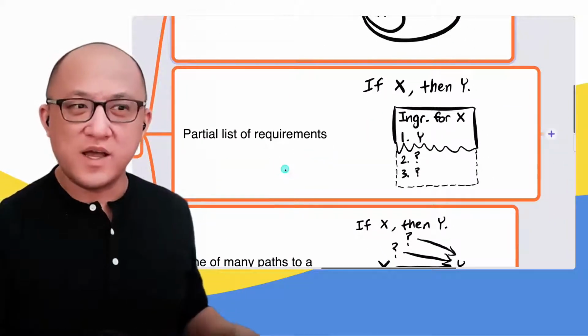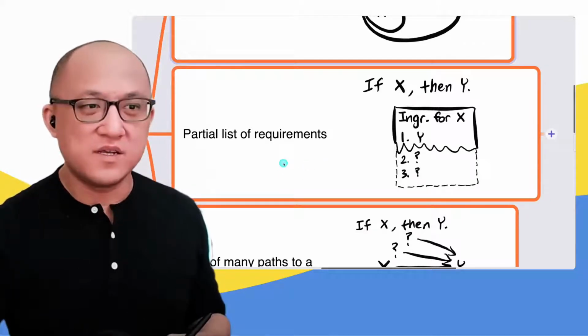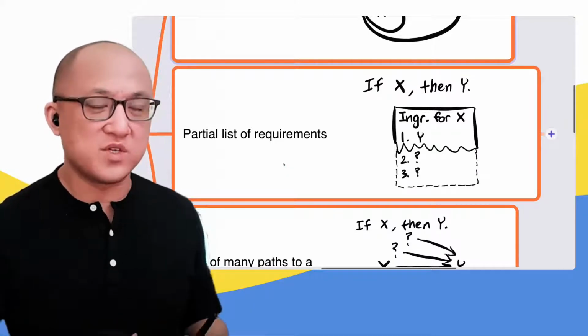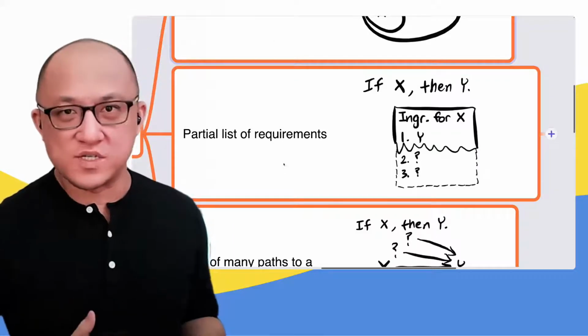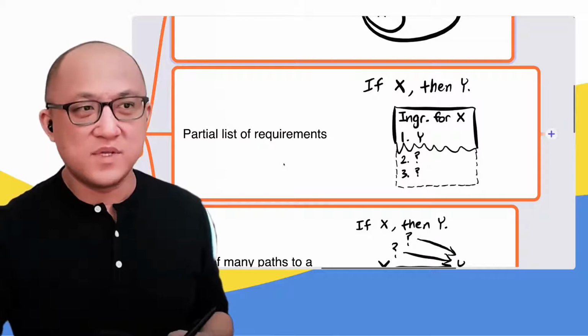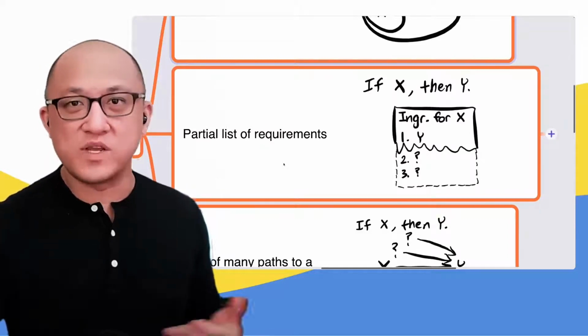All right. Another useful mental model, I think, is the partial list of requirements. This one I find can be helpful when you have a statement that uses the word unless, because unless is often used to introduce one requirement in order to do something. So maybe the statement, you won't be healthy unless you eat green vegetables, right?